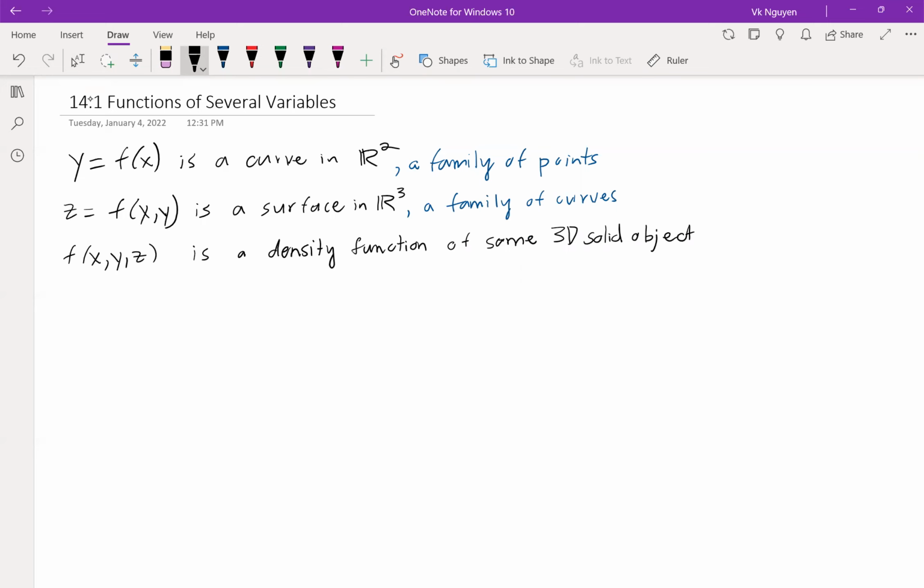The density function here is going to be a family of surfaces. So if you put the surfaces together, you're going to get a density.